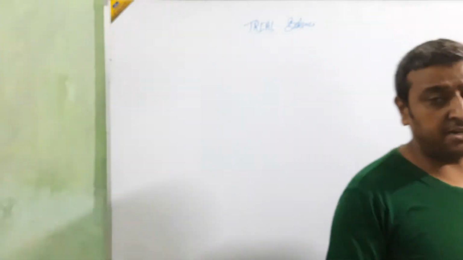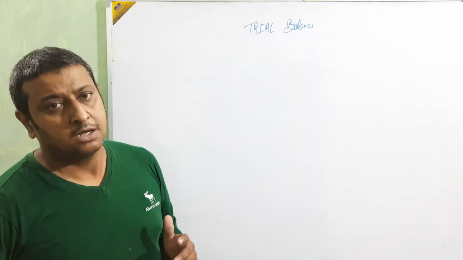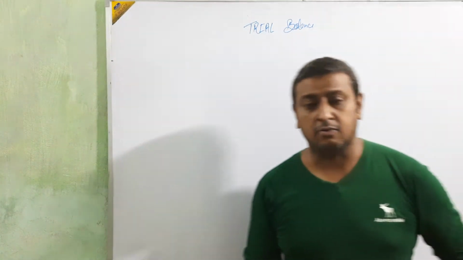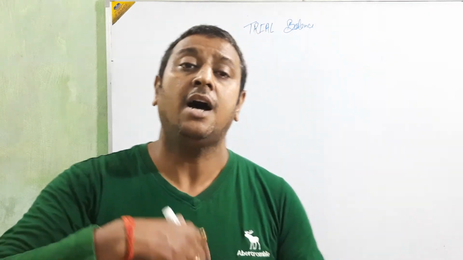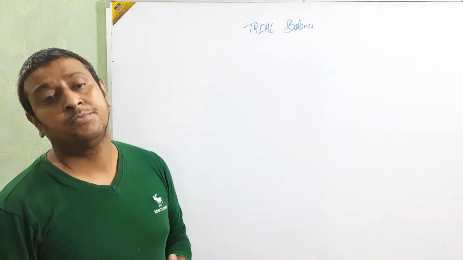compensative errors. Compensative errors beta, I think you know the meaning of compensative. It means one error is going to compensate the other error. So that type of error we are not going to find by the trial balance.